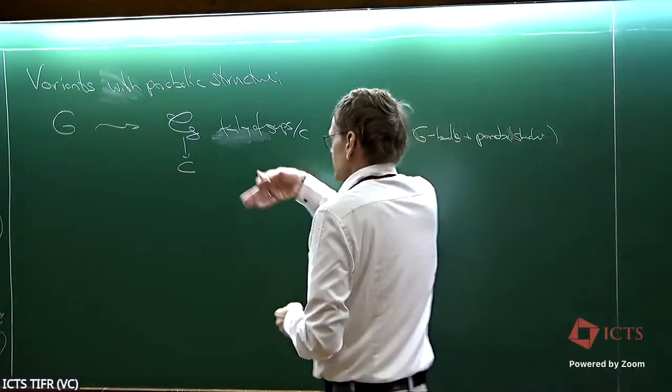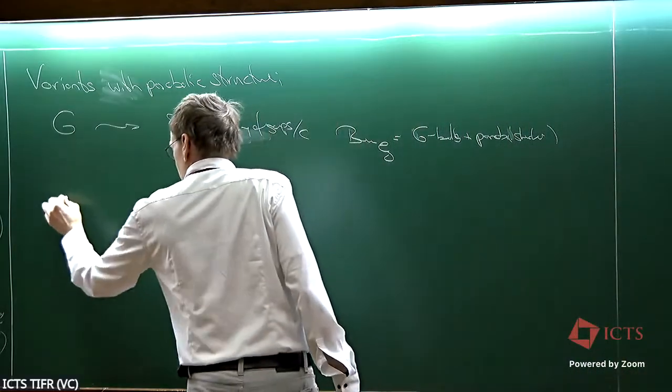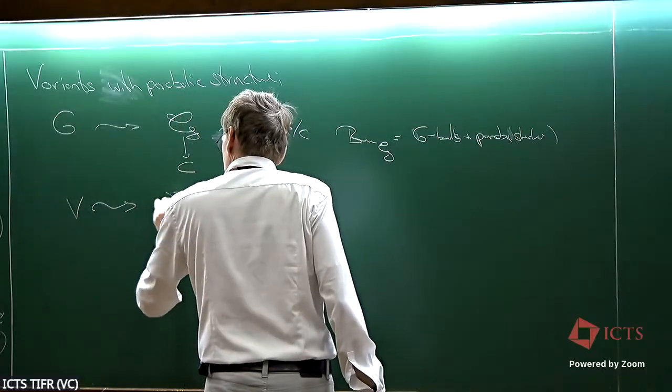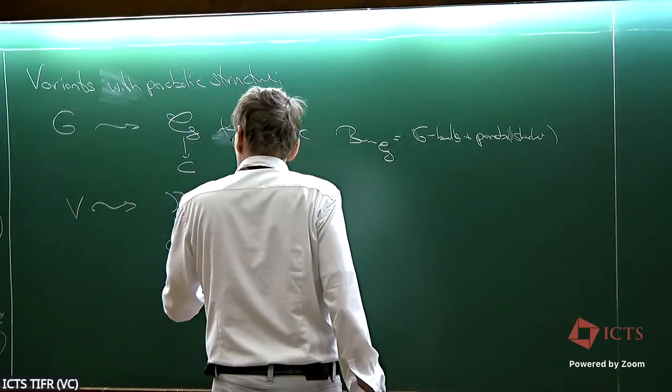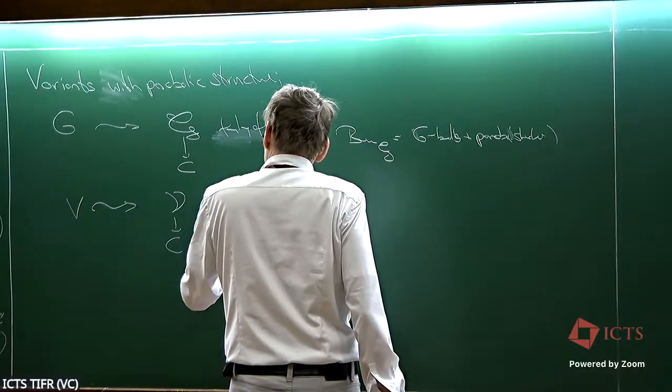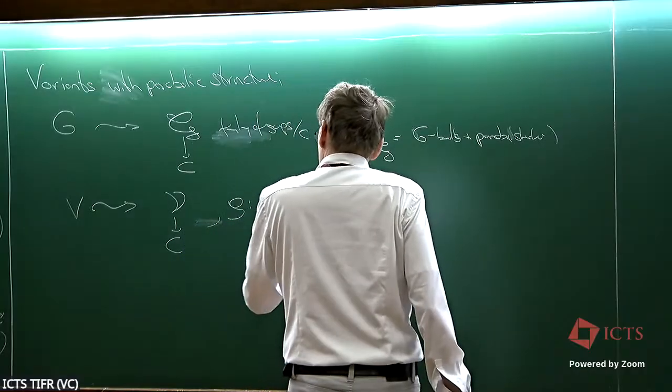And then you can try to run the same thing, and your representation will then become a vector bundle on C together with the representation of G into it.